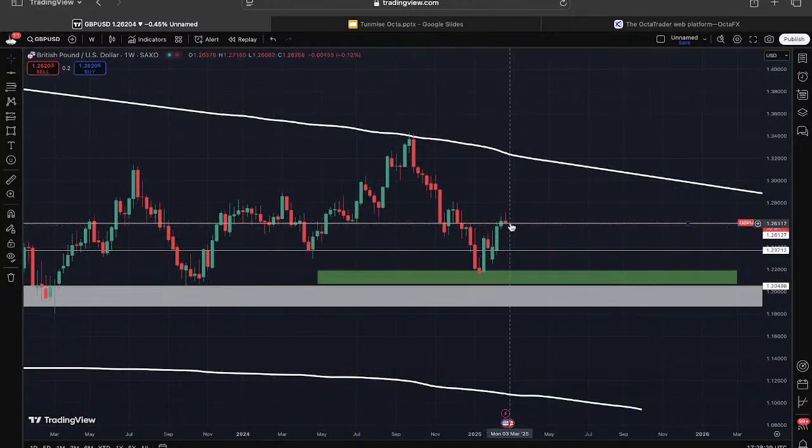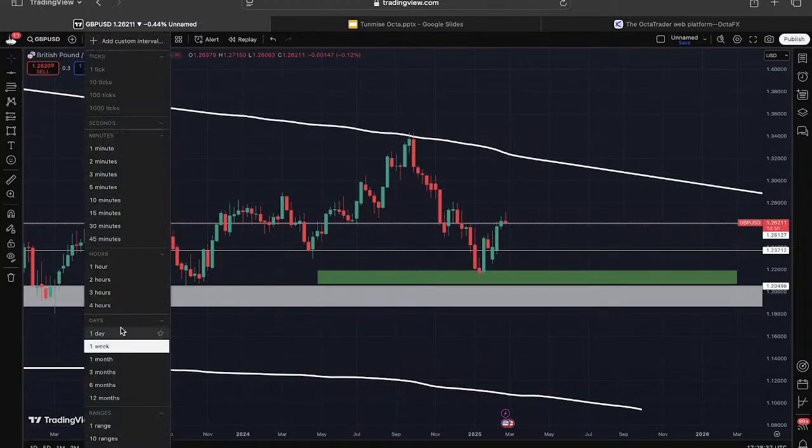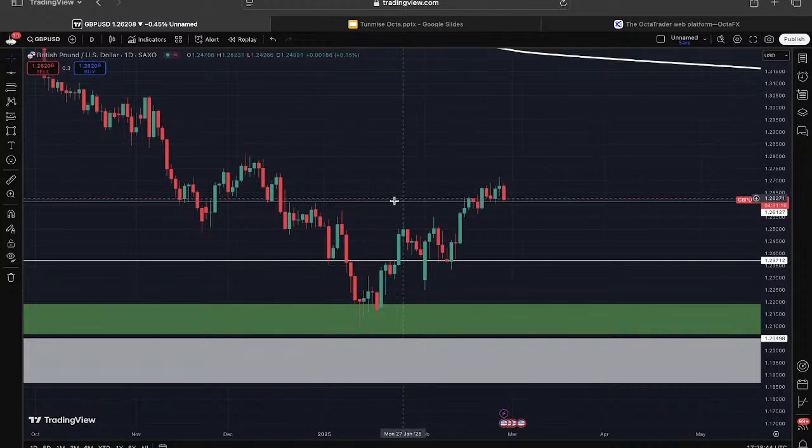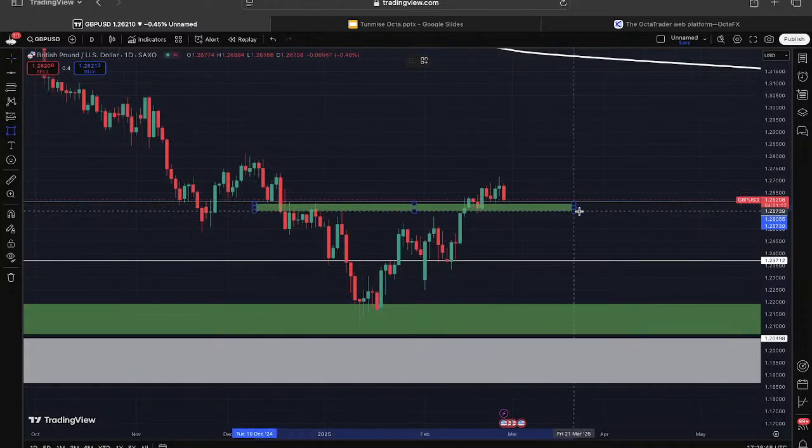Now prices are above this resistance turn support zone. Now let's go down to the daily time frame to see more clearly what price is doing. You can see here that price is out of this zone.